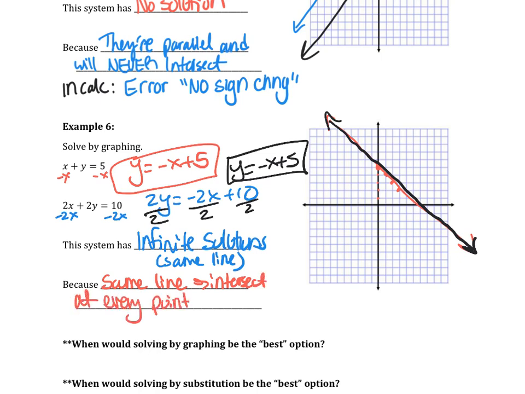One important thing here, though, since it does intersect at every single point, if you did it in your calculator it's just going to tell you the intersection point is whatever point the cursor happens to land on first. So the calculator won't tell you it's infinite solutions. It might be a little misleading. So just be careful. Calculator will tell you one of the infinite points.